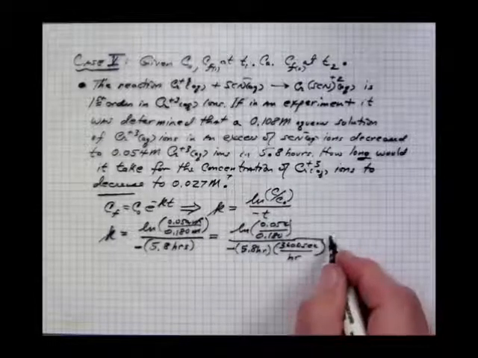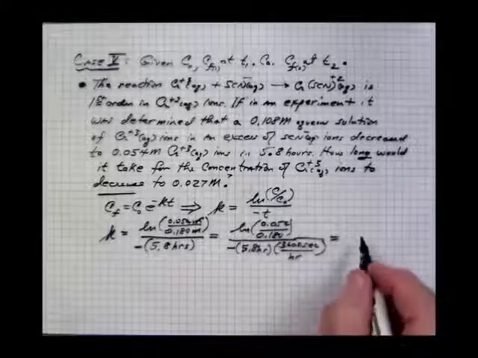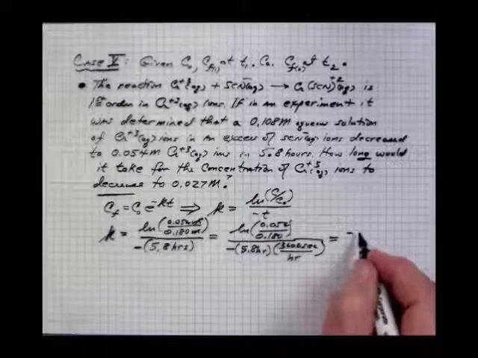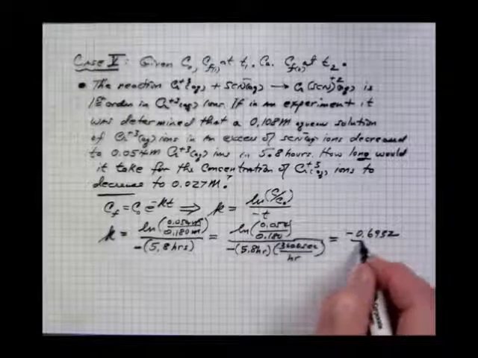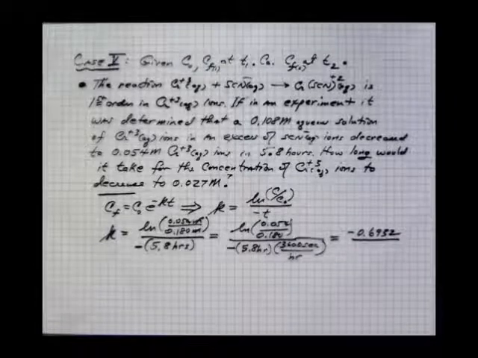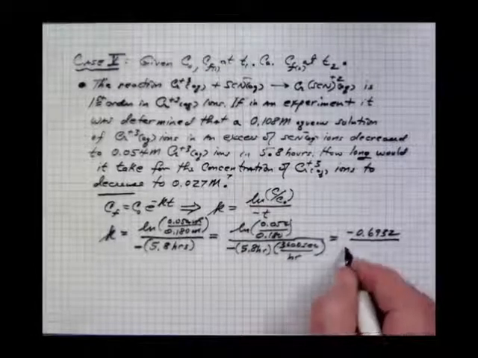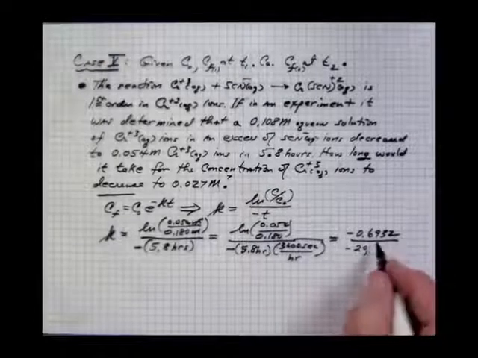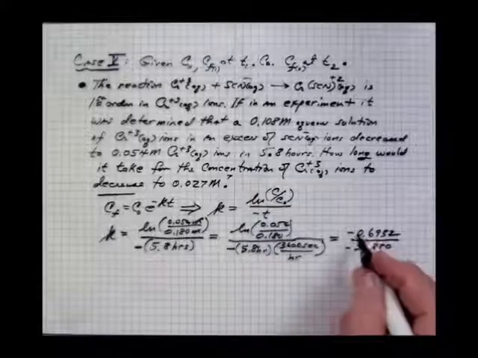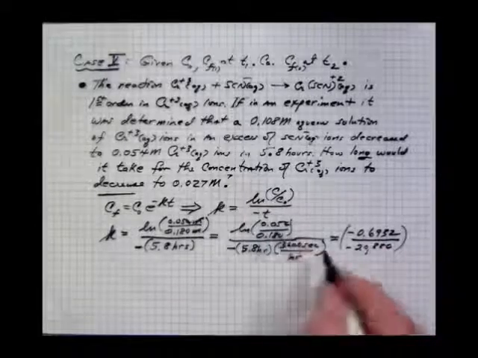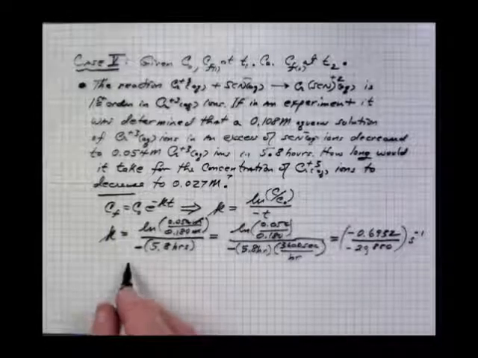Now, this works out to be, for the ln of 0.054 over 0.108, a negative 0.6932. That's then divided by the product of 5.8 and 3,600, which comes out to 20,880 seconds, giving seconds to the minus 1.